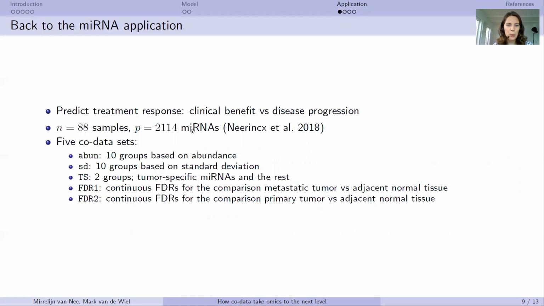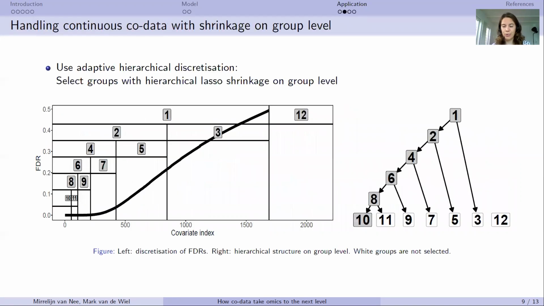So we use these 5 codata sets, but we have these continuous FDRs, false discovery rates, so we have to do something about that. So I'll just briefly explain how we handle continuous codata. The method takes shrinkage to the next level as well. So you can use any type of shrinkage on the group level. And in this case, we use a hierarchical lasso to select groups on group level, such that we can use an adaptive hierarchical discretization.